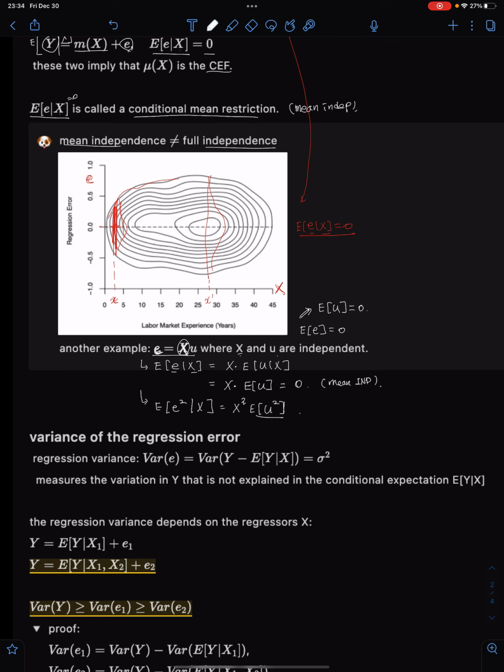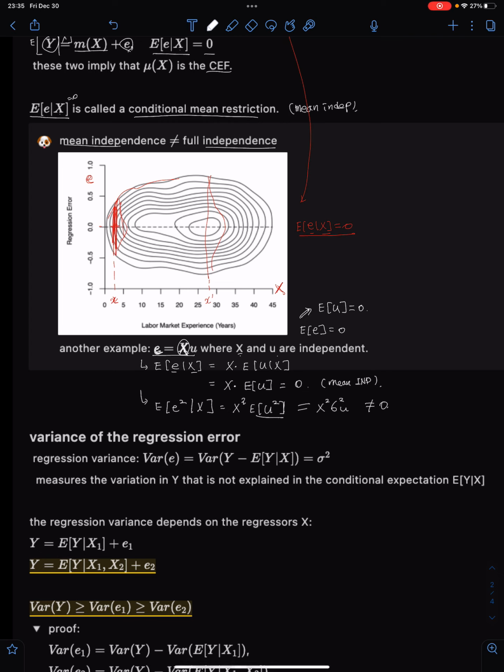And assuming that u has a finite variance, this is going to be x squared times the variance of u, and in general this won't be 0.